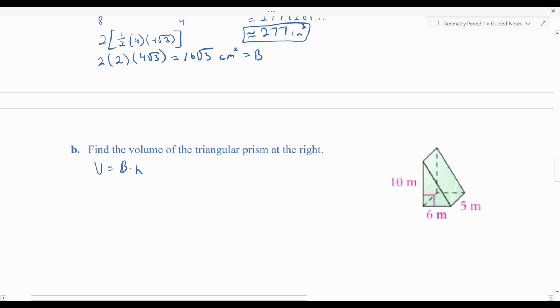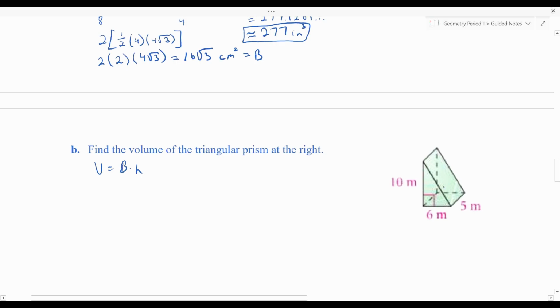Okay, so one question that might arise is, how do I know which is the base? Well, they actually tell you the shape of the prism, triangular prism, right? So I know that I'm looking at the triangular faces as my bases.